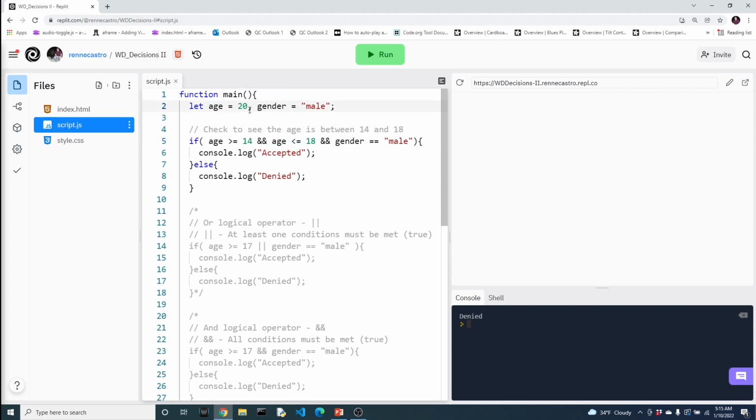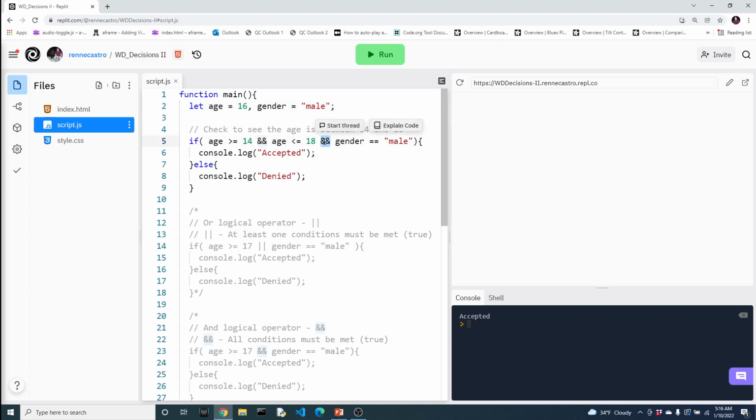Now let's switch this over to, let's say 16 again. And now we're accepted because all of the conditions get met. 16 is greater than or equal to 14, and it's less than or equal to 18, and the gender is male. Again, if at any point any of these fail, then we will not have the condition met.